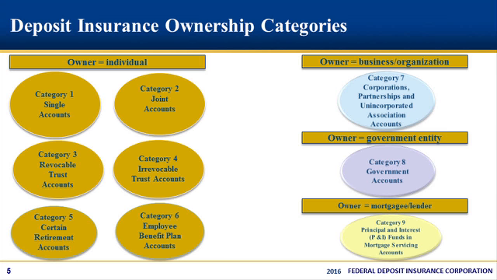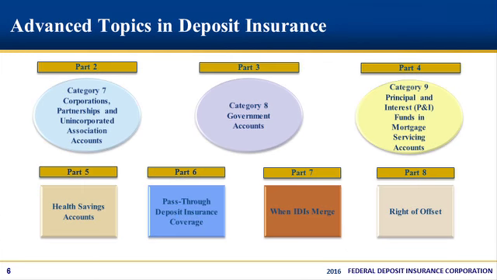The ownership categories for individuals, which you see on the left side of the slide, are addressed in our Fundamentals of Deposit Insurance seminar. In addition to reviewing the 3 ownership categories in parts 2 through 4, in parts 5 through 8, we will focus on other topics which impact deposit insurance coverage.